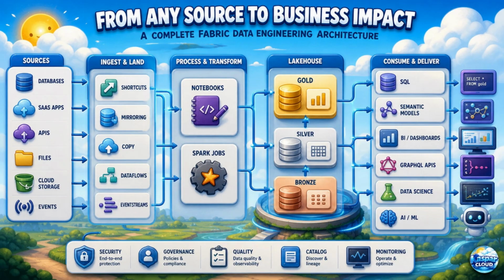The data lands in the bronze layer, is cleaned and standardized into the silver layer, and is transformed into business-ready datasets within the gold layer. SQL analytics endpoints, semantic models, Power BI reports, GraphQL APIs, data science workloads, and AI applications then consume this governed and curated data. This end-to-end flow is what transforms raw information into actionable business value.